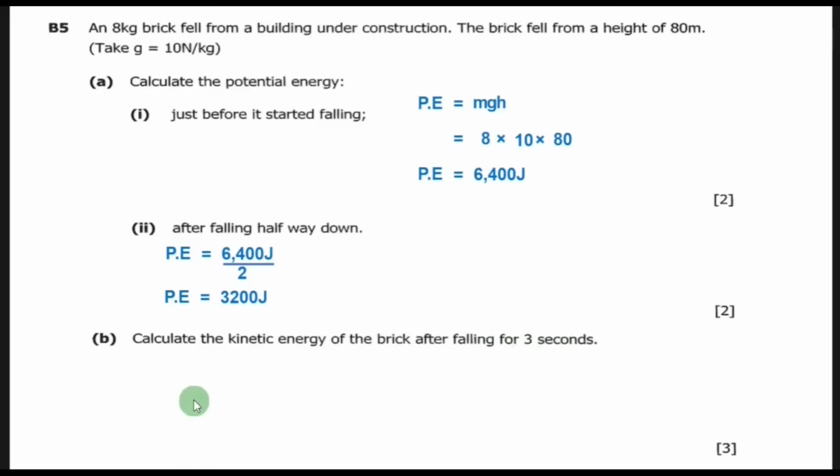So we must know that kinetic energy is equal to half mass times velocity squared. So here we need to know velocity first. Since this stone is falling, remember that formula I said, velocity is going to be equal to gt. Since we have been provided with the time, velocity is going to be gt.